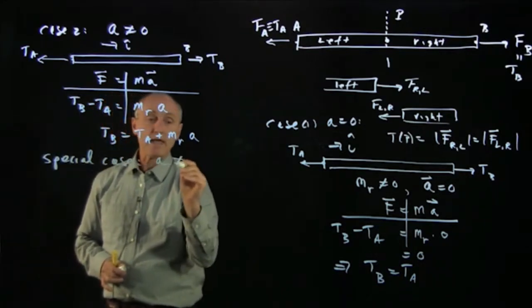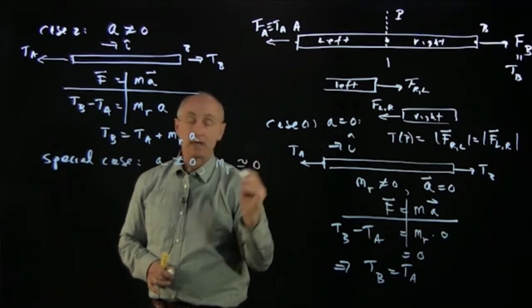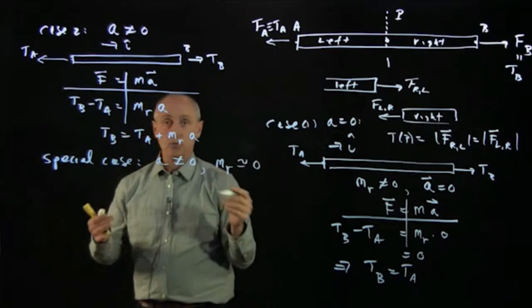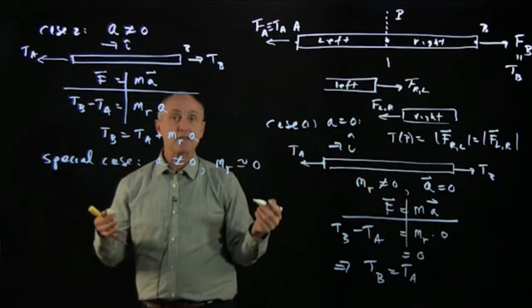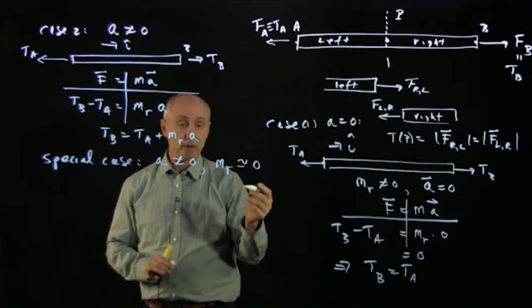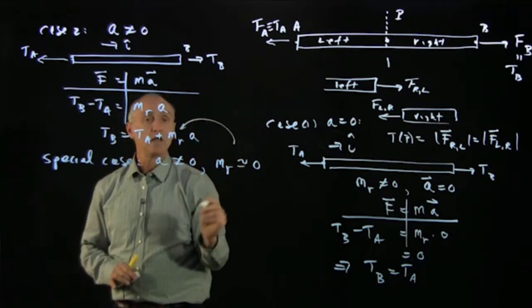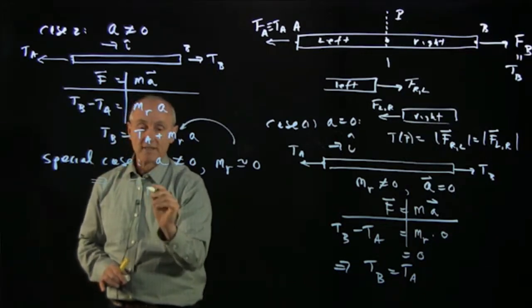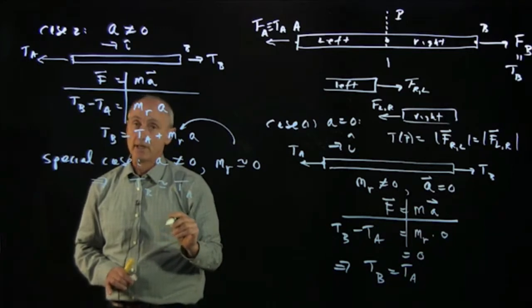Now there's a special case we want to consider. Even though a is non-zero, let's assume that the mass of the rope is very small. People often call this assuming the rope is massless, which is a little strange. We can say a very, very light string is often the same type of modeling. With that assumption, there is no contribution here, and the tension is approximately uniform.